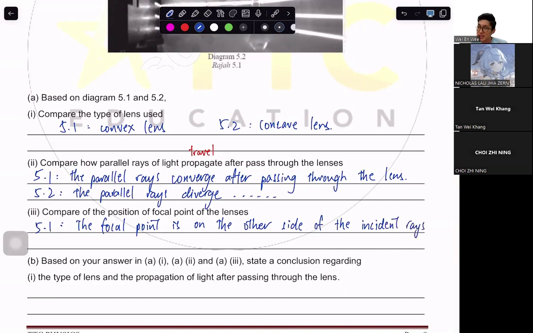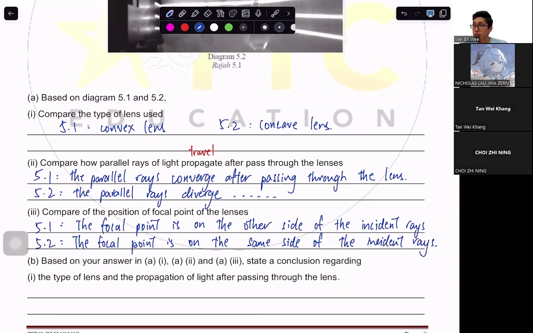We call that the incident ray. And then 5.2, the focal point is on the same side, the same side of the incident ray.